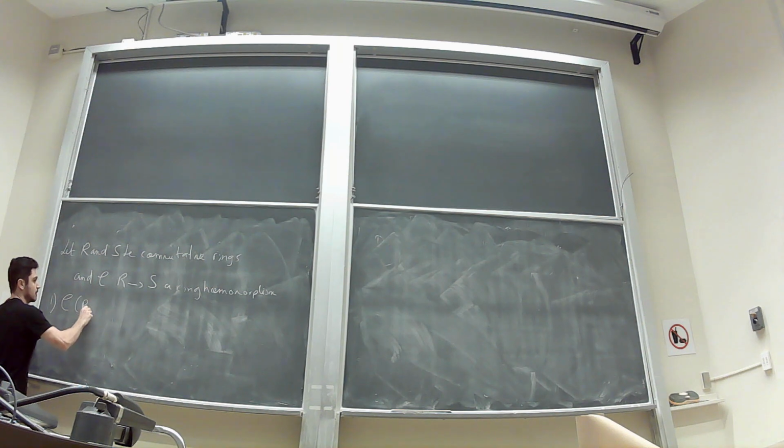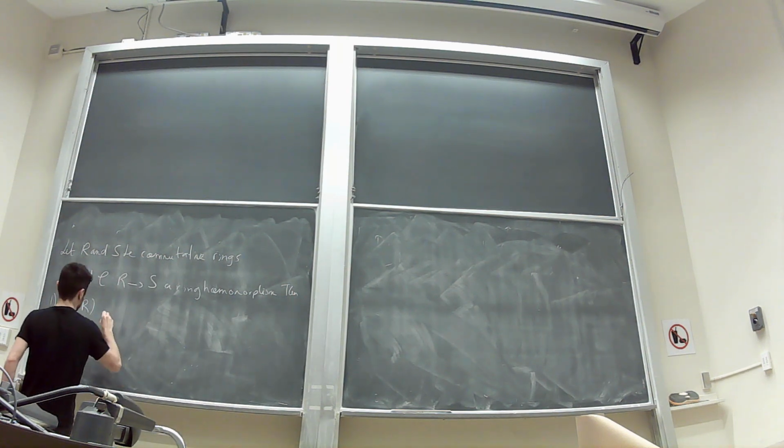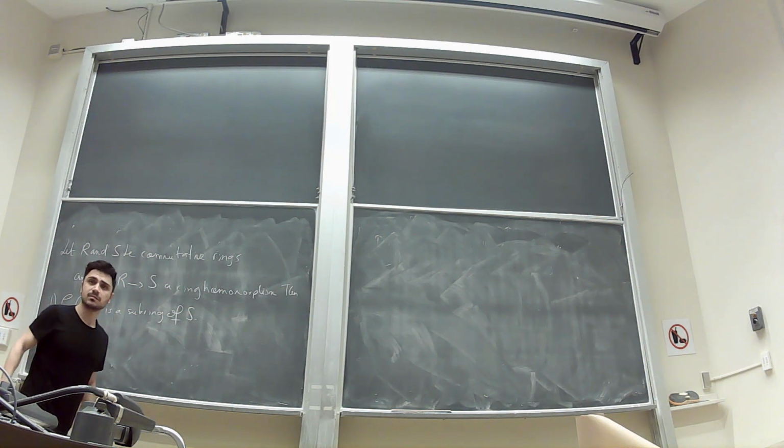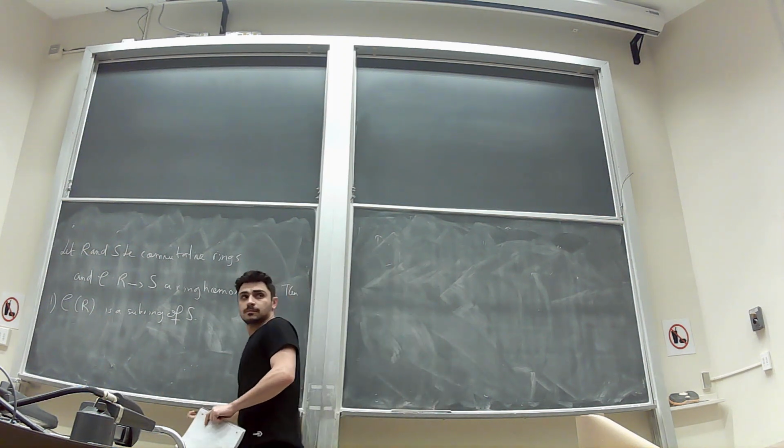I'll not prove them. One: phi of R is a subring of S. Of course, you see that? That's clear, right?